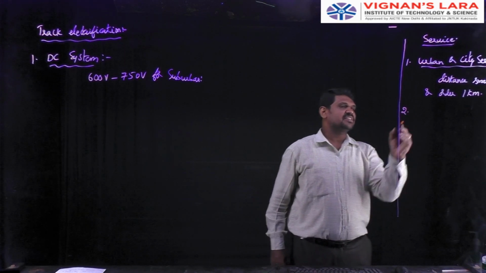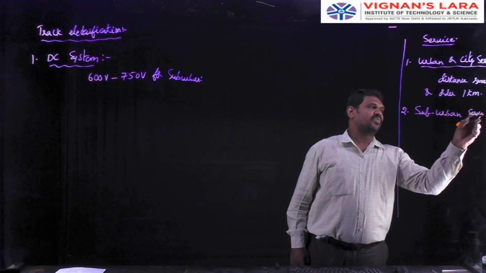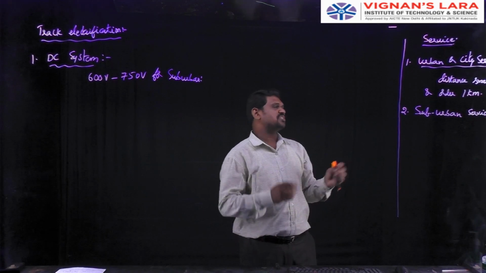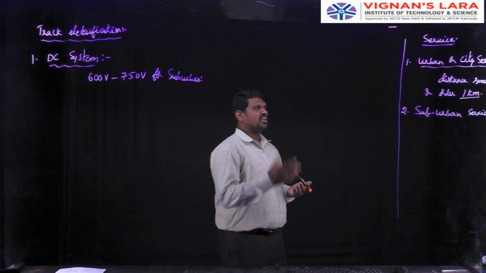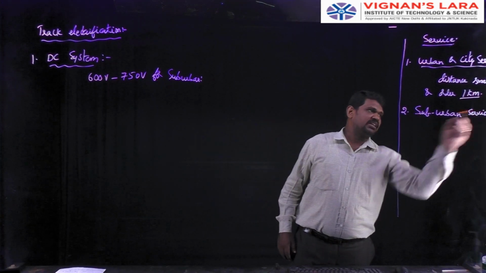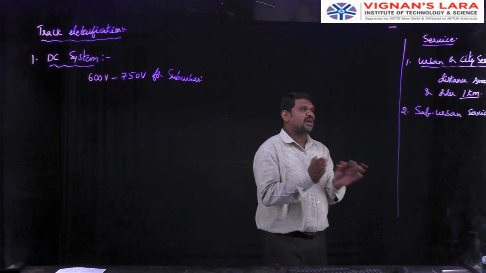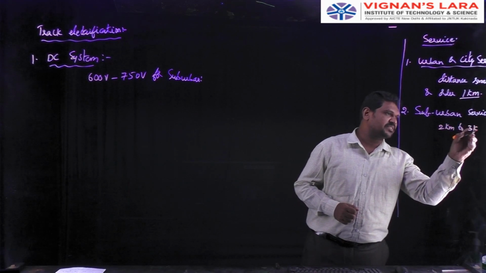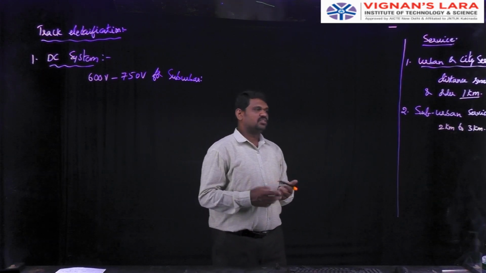The second is suburban service. The suburban service means the distance between the two stops is in the order of 2 kilometers to 3 kilometers, or it may be 5 kilometers.